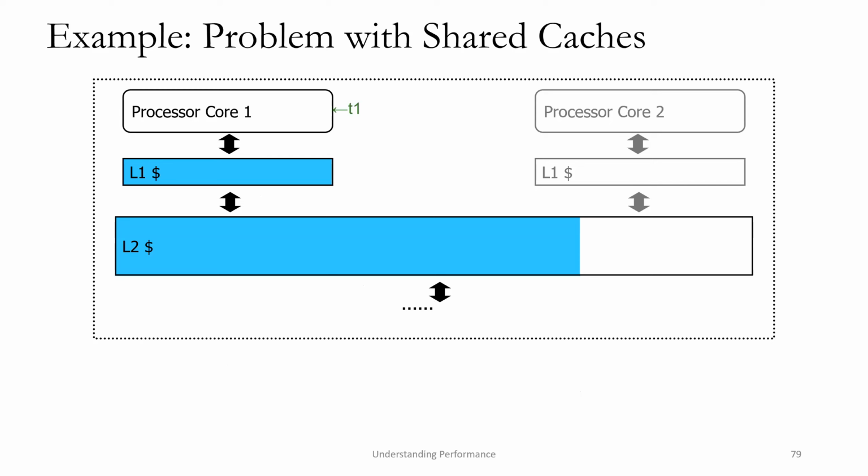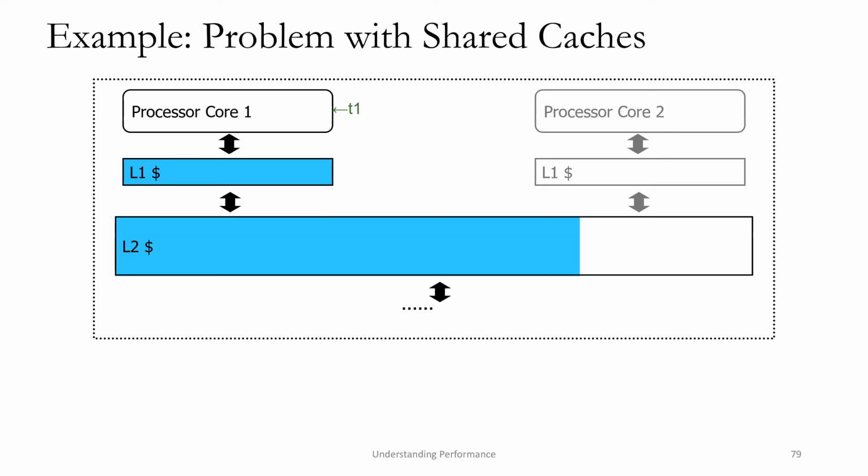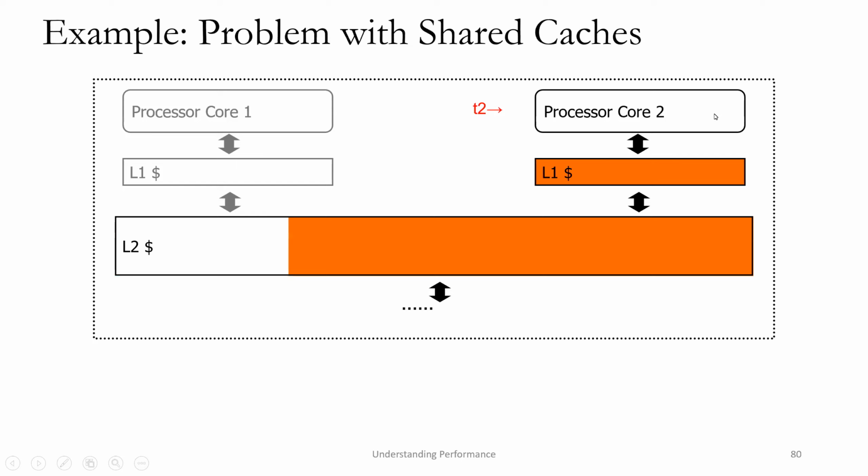Now, the same thing here we are trying to highlight. So let's say we have processor core 1 and 2, and core 1 is running thread 1, right? Maybe it requires some 3/4 of the L2 space, right? In the same way, maybe core 2, which is running thread 2, is also requiring 3/4 of the space in L2, right?